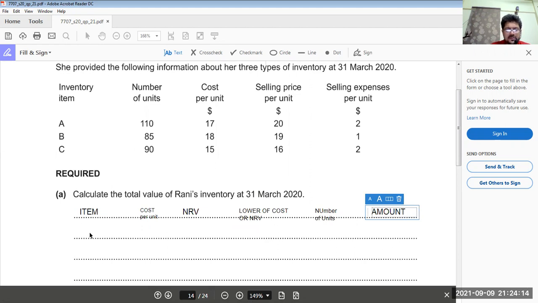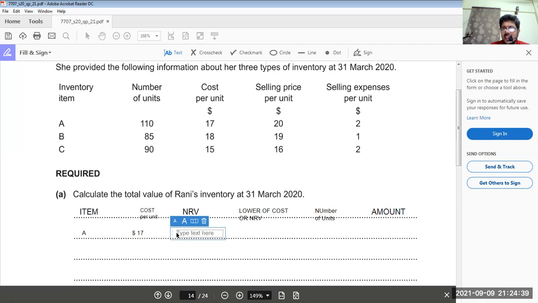Now, see. Items, we have item number A. Cost per unit is $70. NRV.